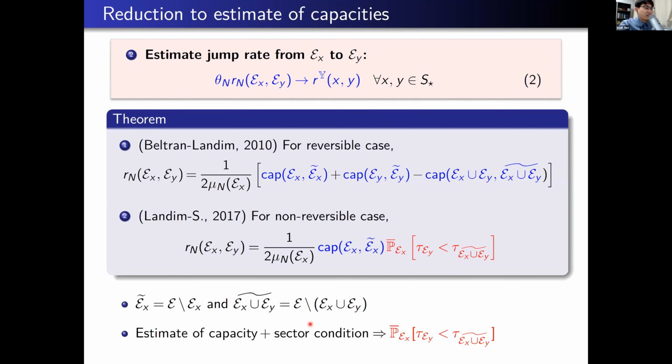Of course, the sector condition is satisfied for the zero range process as well. So, summing up with this expression, we can reduce the estimate of the mean jump rate to the estimate of capacity. That's the first step.